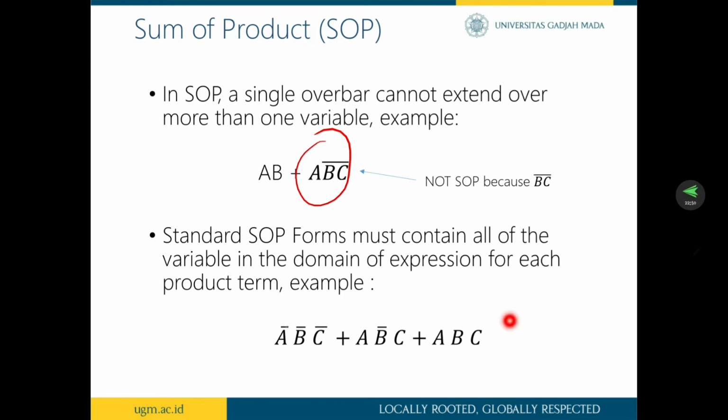So every digit in this min term has an uncomplemented or complemented independent variable.